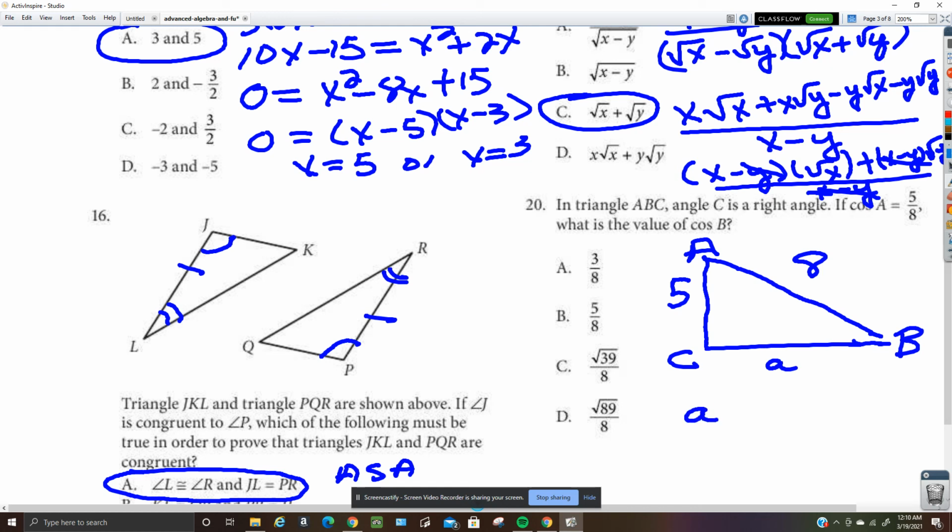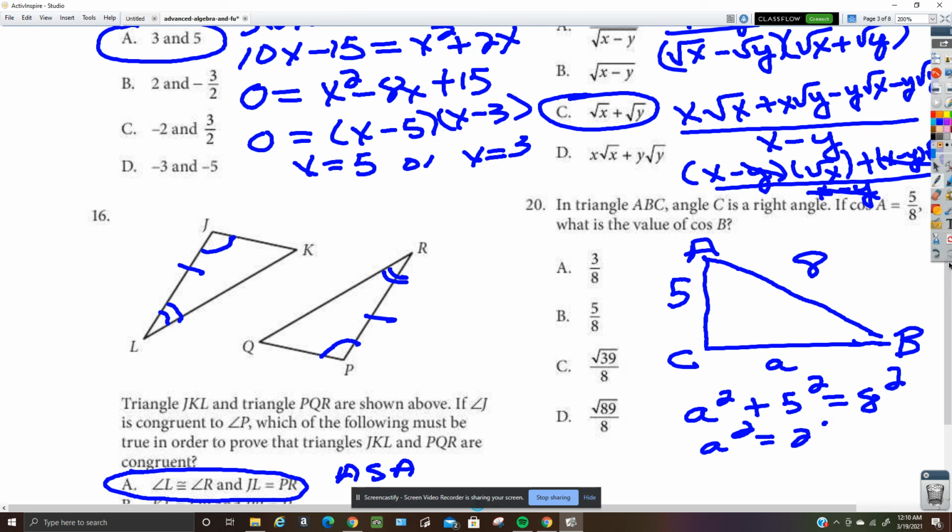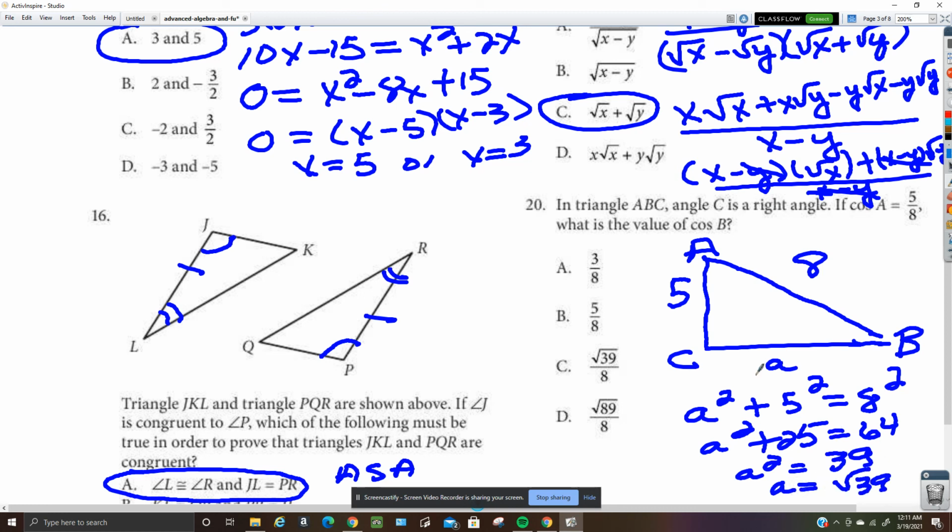So you have a squared plus 5 squared is equal to 8 squared. So a squared plus 25 equals 64. a squared is 39. a is the square root of 39. So the cosine of B is square root of 39 over 8.